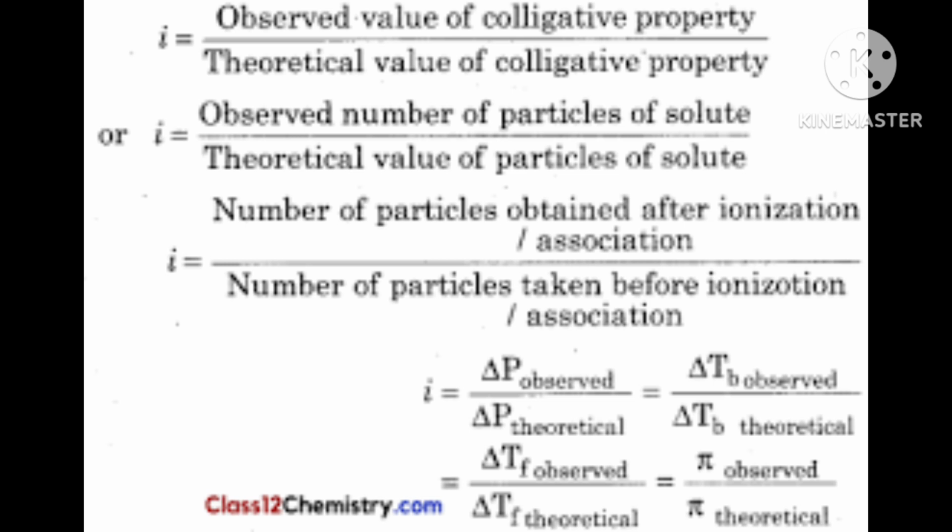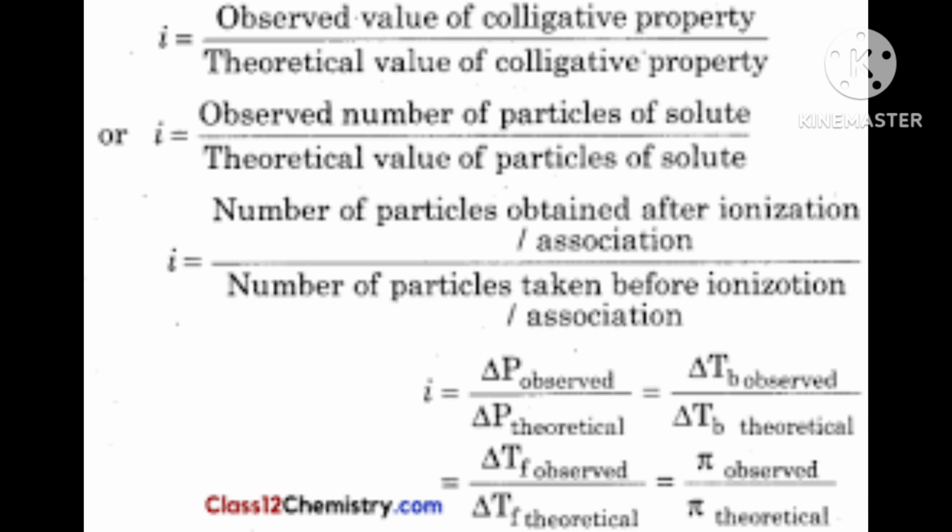Due to this dissociation, it affects the vapor pressure, because if the number of particles or ions increases, then vapor pressure will decrease, because it will block the solvent molecules like water from coming up.